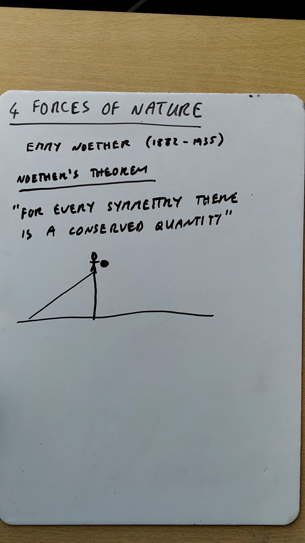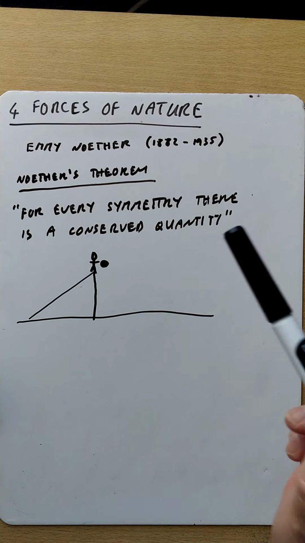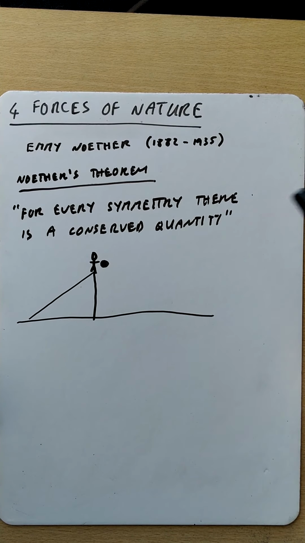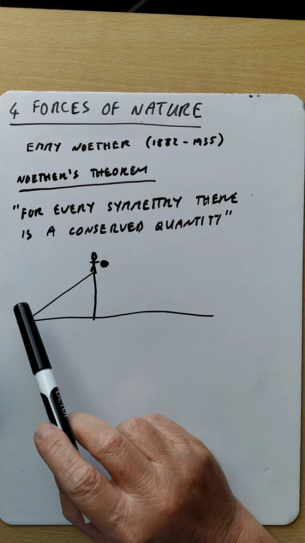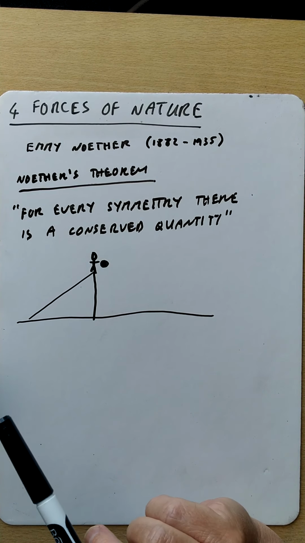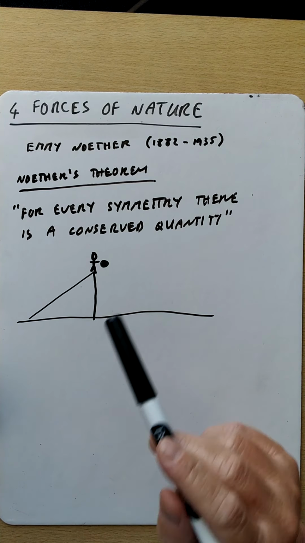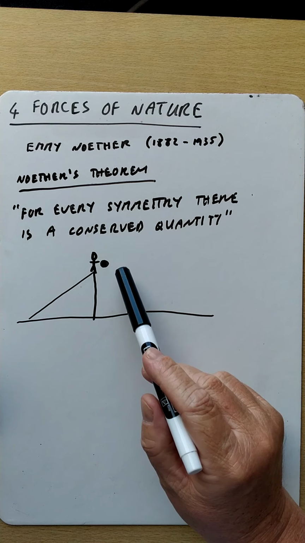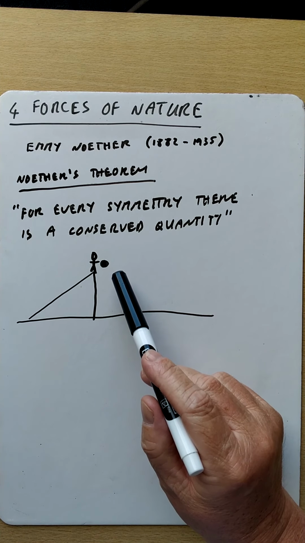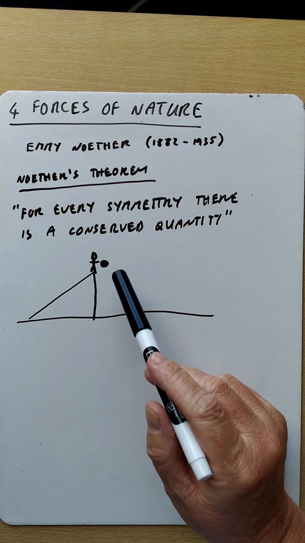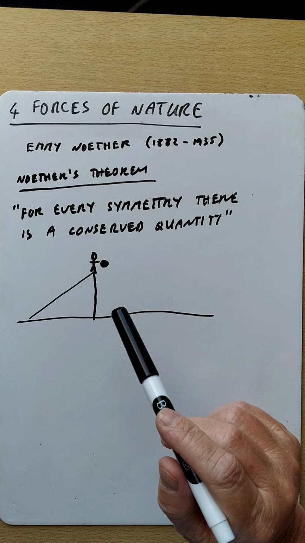So for our example, we're going to give some unfortunate student a cannonball and tell them to carry it up a high hill until they get to the cliff edge at the top. We're using a dense cannonball because we want to ignore air resistance and terminal velocities and all that sort of thing.